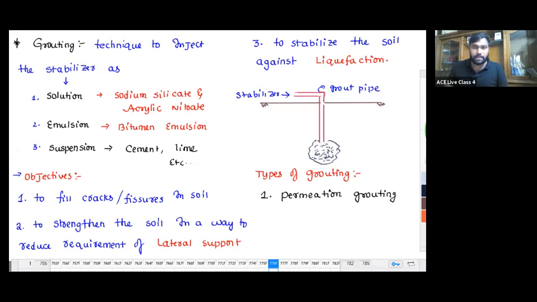I'm going to induce a chemical, a solution, and it flows as a seepage between the void spaces without displacing the soil mass.